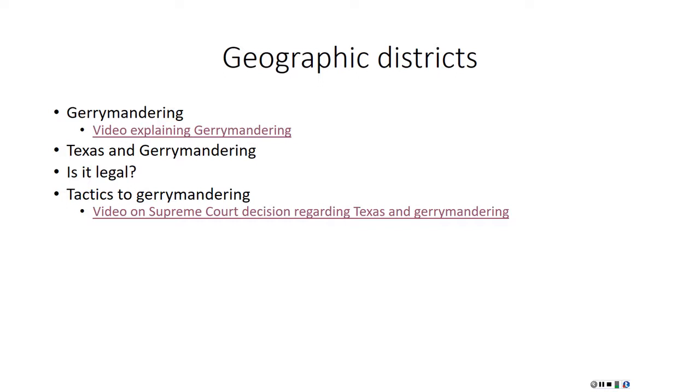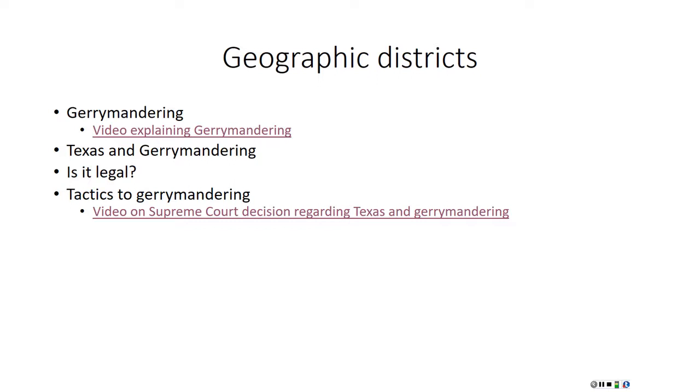So what we might see is, if we're going to redistrict, we're going to redraw our district lines. The Texas Legislature, controlled by Republicans, looks over the state of Texas and sees these 2 Democratic districts. These are what are called safe seats, and it was mentioned in the Texas and gerrymandering video.